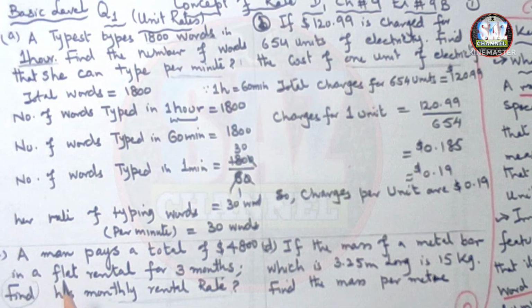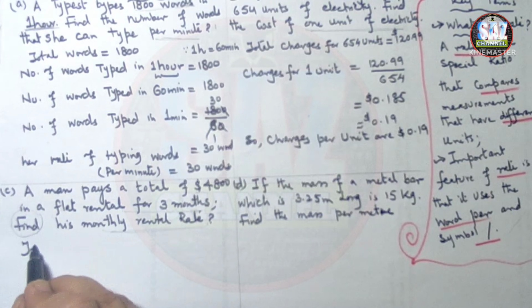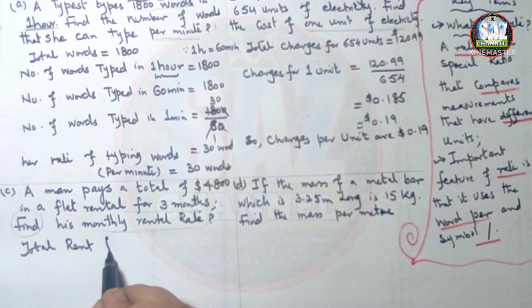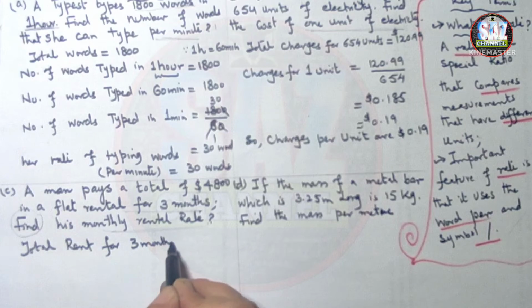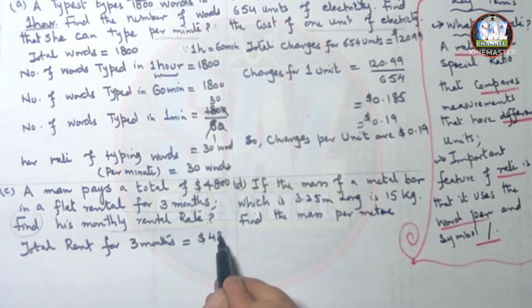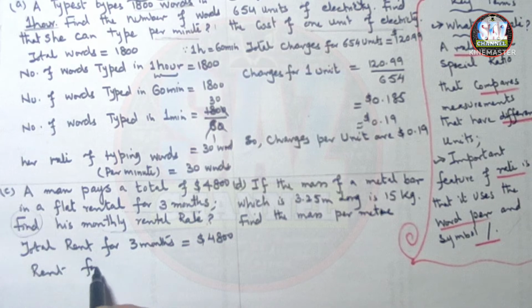So what we will be doing is: total rent for how many months, students? For 3 months, $4,800. So rent for 1 month, we will be dividing this 4,800 by 3.